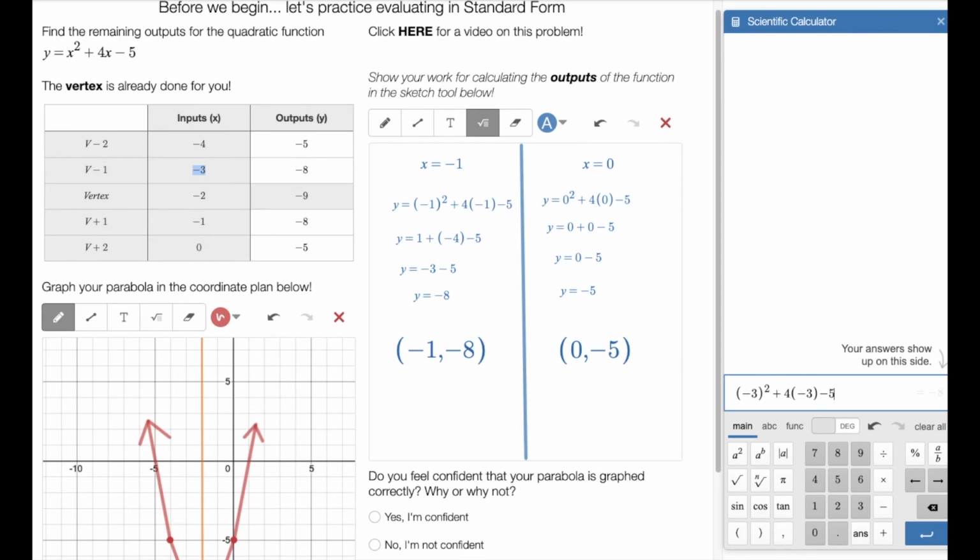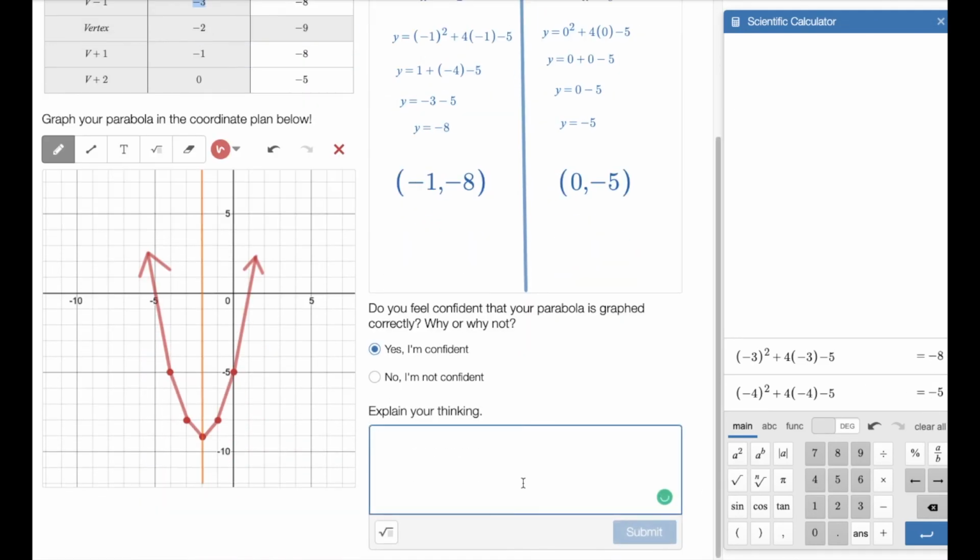Plus 4 times -3 minus 5, and that is an output of -8. So I feel confident about this ordered pair. Now -4 squared, again, inside of parentheses, plus 4 times -4 minus 5 is -5. So I've now checked that my other inputs on the side of the table produce the same output. So yes, I'm very confident.